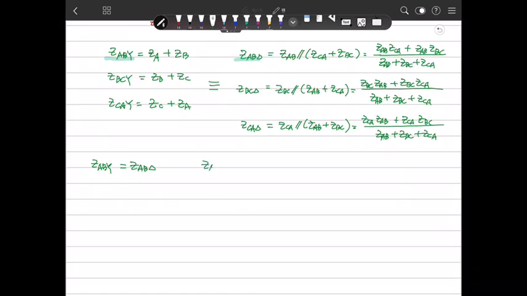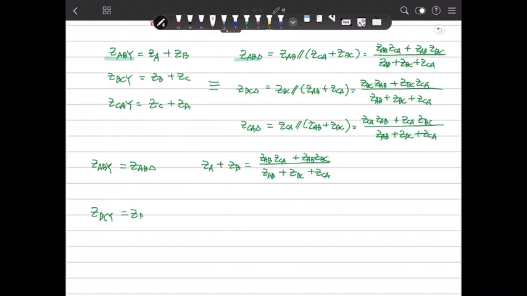Therefore GA plus GB should be the same as GAB GCA plus GAB GBC over GAB plus GBC plus GCA.